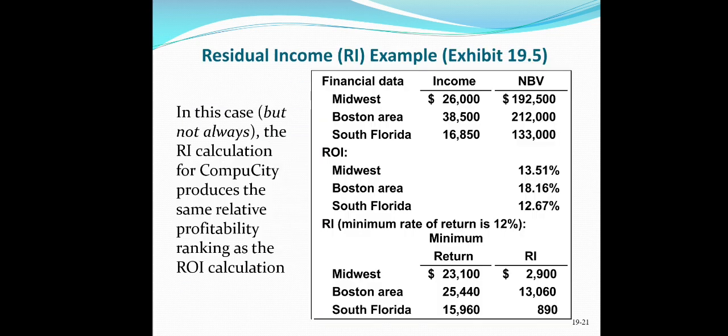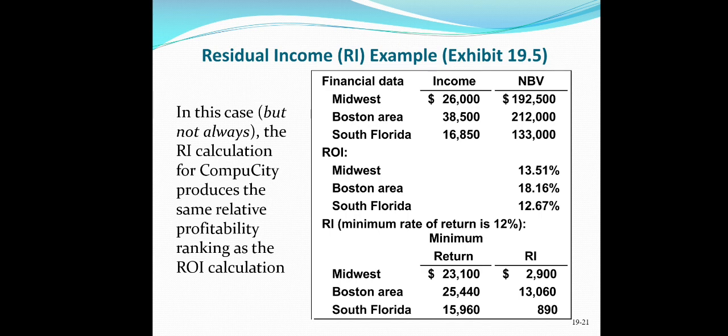Okay, now in this box here, you can see a comparison for calculation of return on investment and residual income. You can see the ROI: Midwest ROI is 13.51%, Boston area ROI is 18.16%, South Florida ROI is 12.67%.